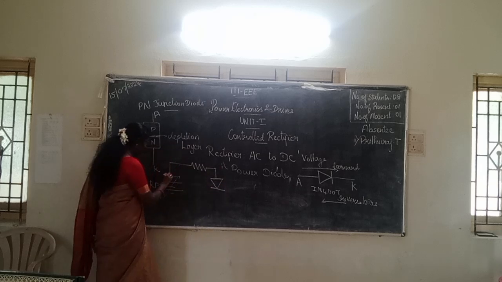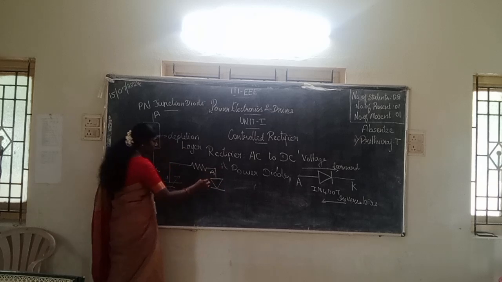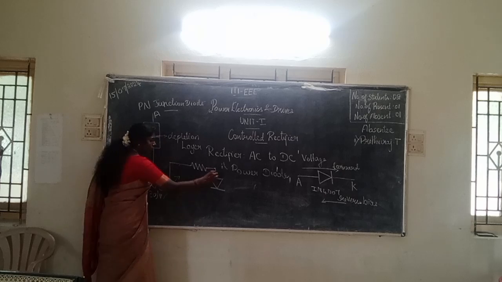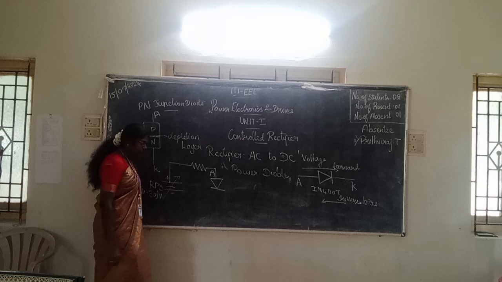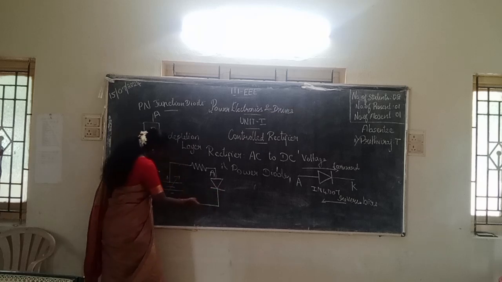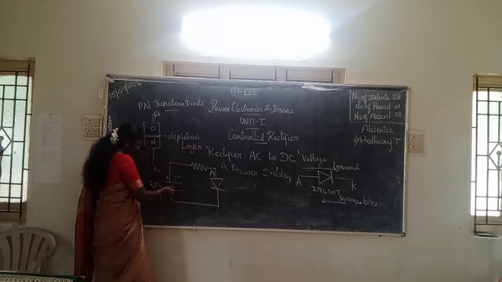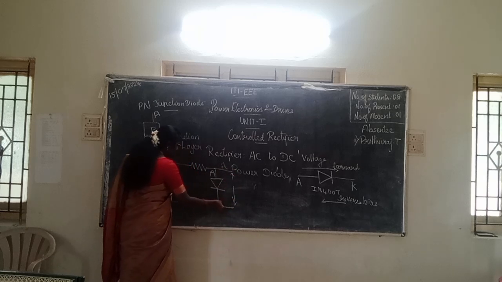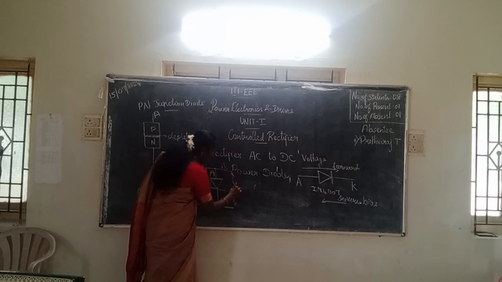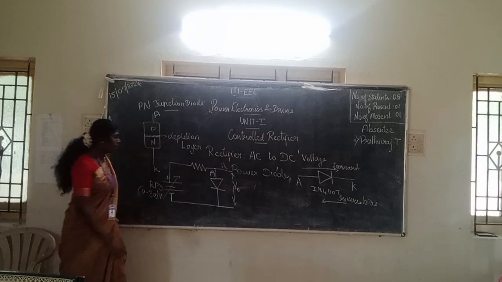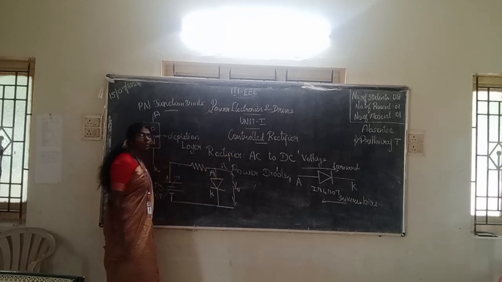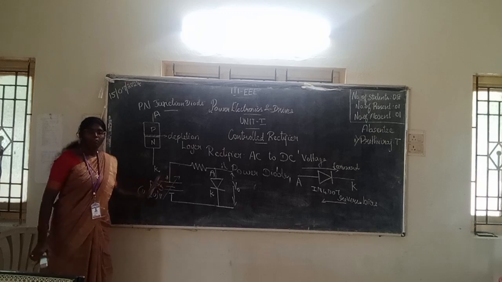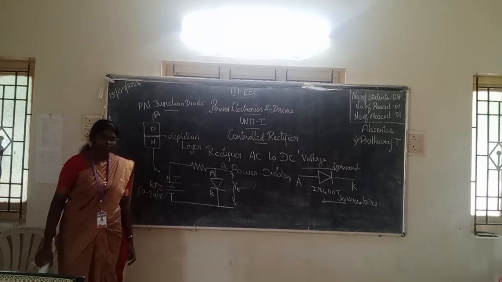Diode. If this positive is connected to anode, that's it. Here will be our output voltage. And this is cathode. So this is the forward bias diode function.